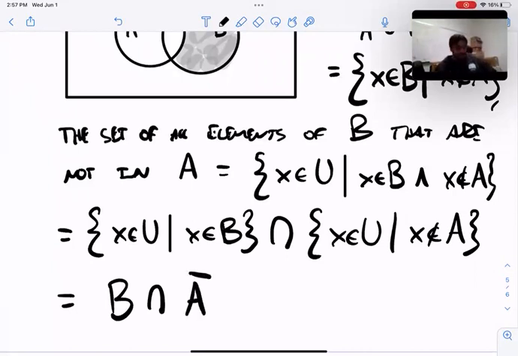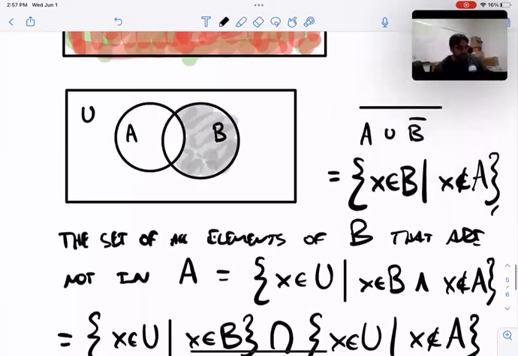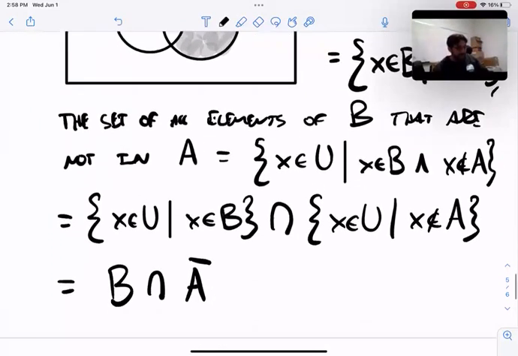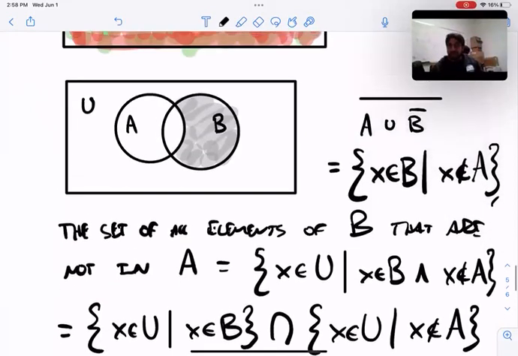So there we go. We just found a much simplified version of what we had up there. The complement of A union B complement, that's a lot more cleanly expressed as B intersect A complement. Or if you want to be alphabetical about it, we can write it as A complement intersect B. Right? So that is a nice simplification that we were able to do there.